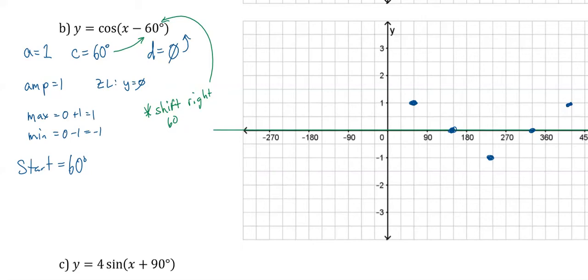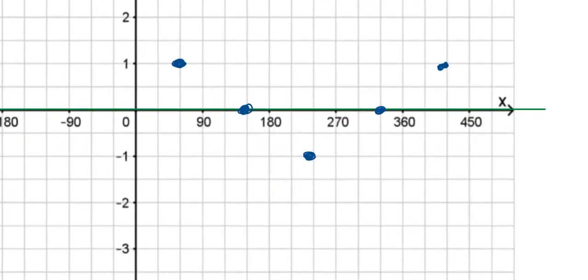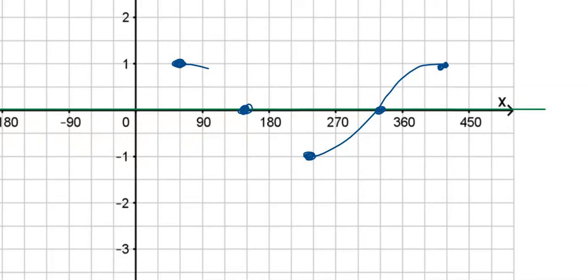My period is still 360. I just took the whole thing and shifted it over. Any questions about that one?